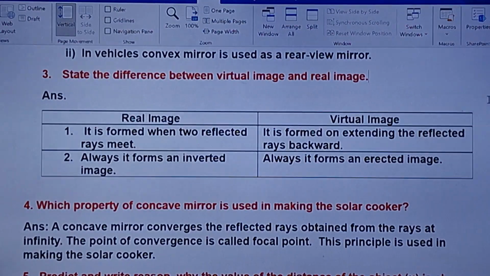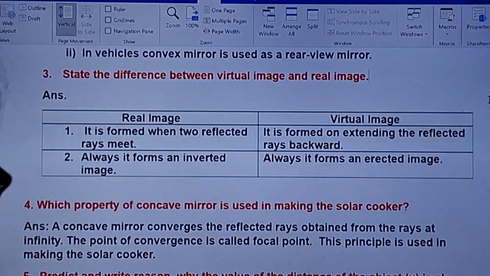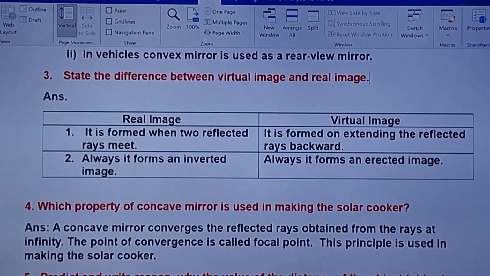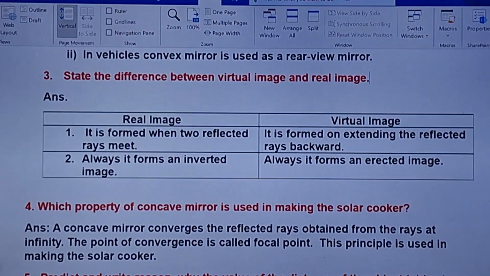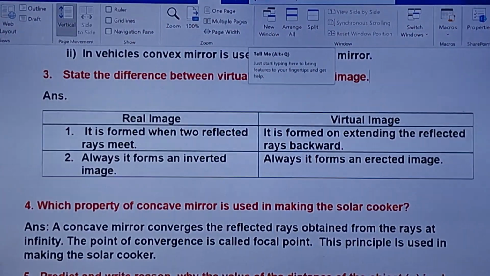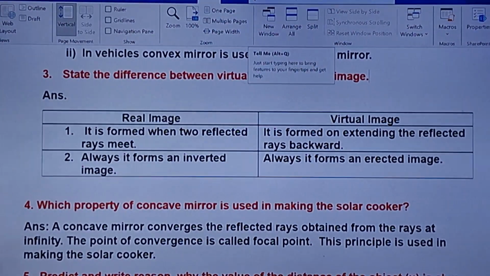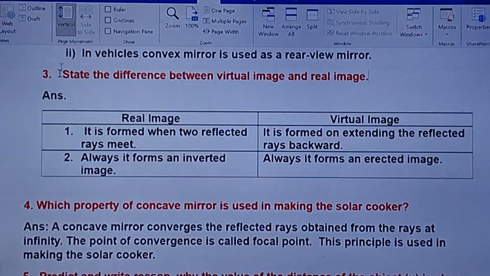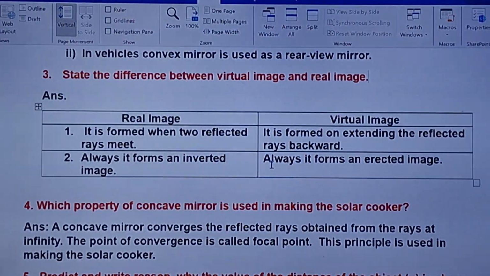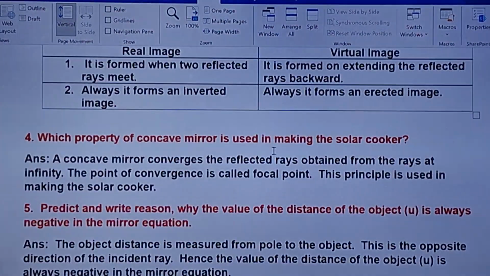So these are the two answers for this question, children. Once again, the differences between real and virtual image: real image is formed when two reflected rays meet. Virtual image is formed on extending the reflected rays backwards. And a real image always forms an inverted image and a virtual image always forms an erect image.